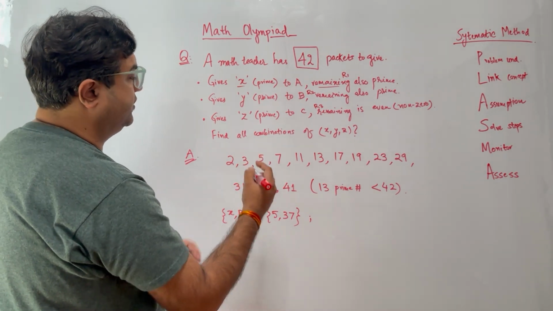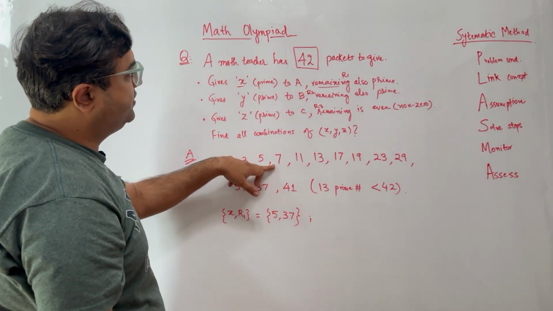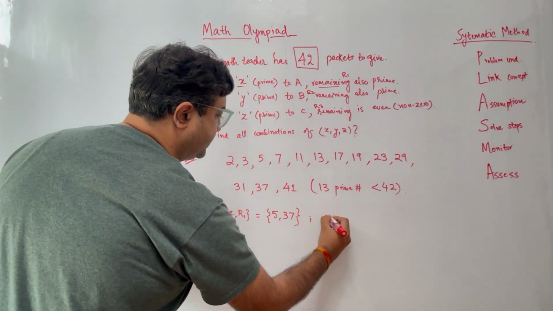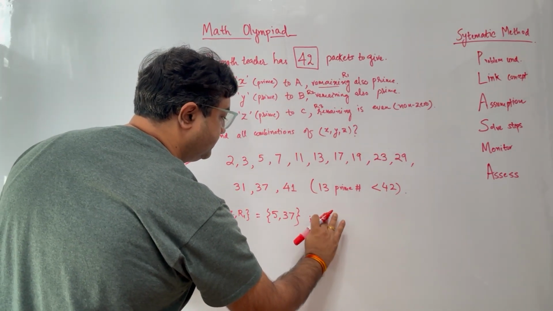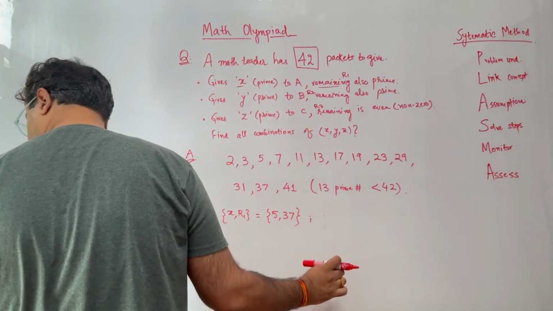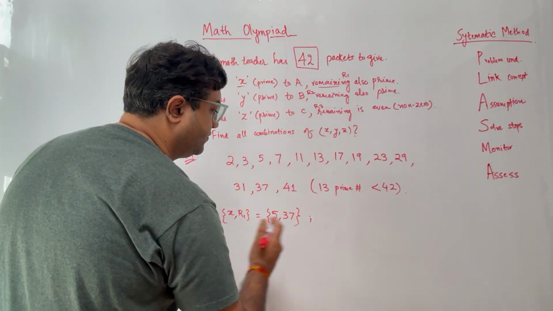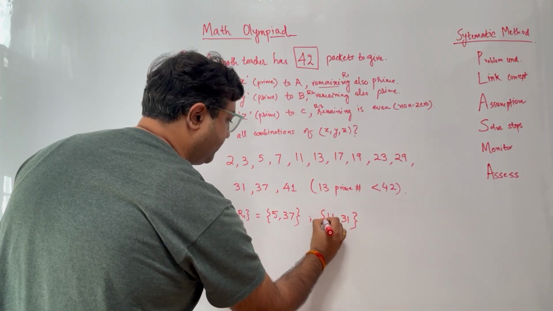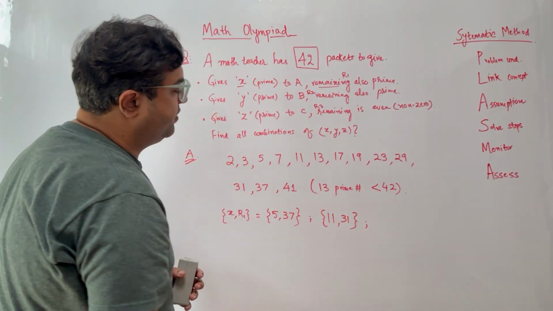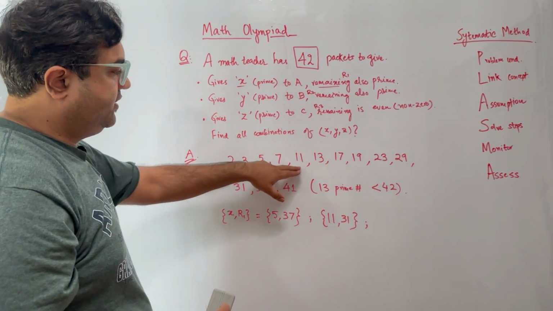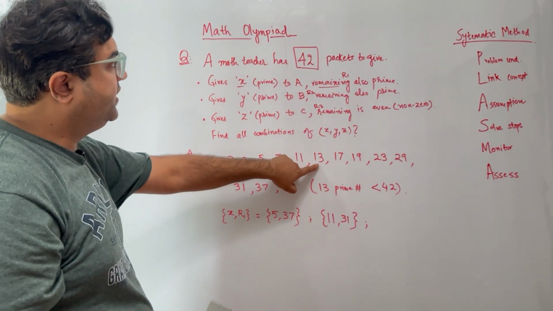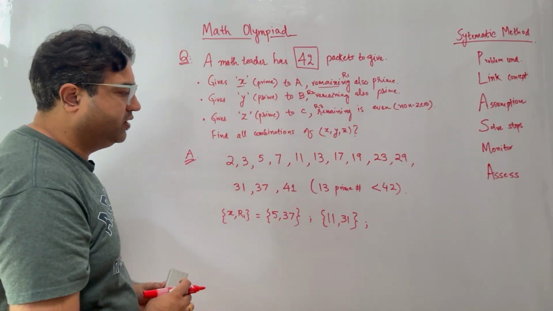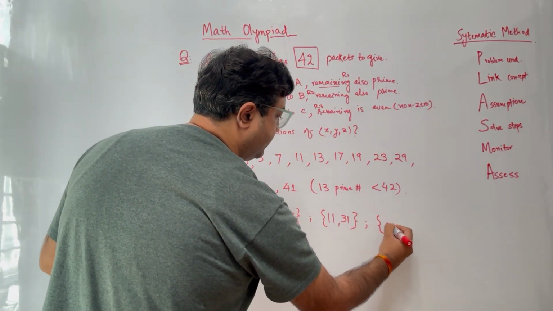Then 7 and 35, not a combination. 11 and 31, one combination. Then 13 and 29, another combination.